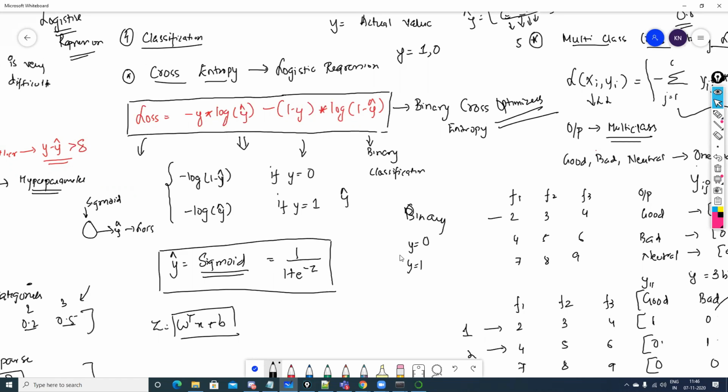Do we put minus log 1 minus y hat in the formula? Yes, like this only we'll put. Understand one thing, the log of a positive number will be a negative number. So this negative and negative will be multiplied, and it will be a positive number.